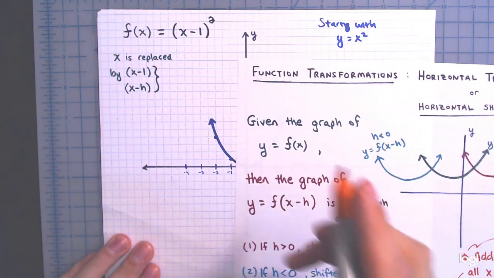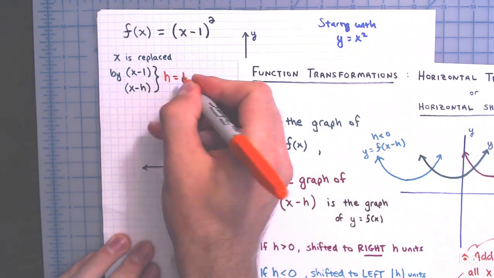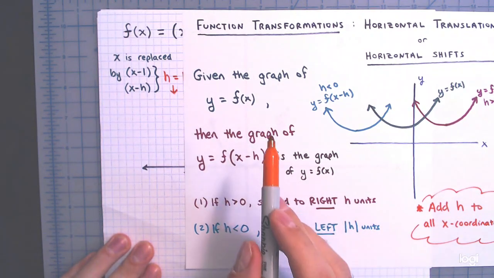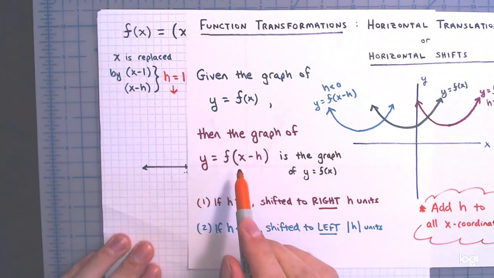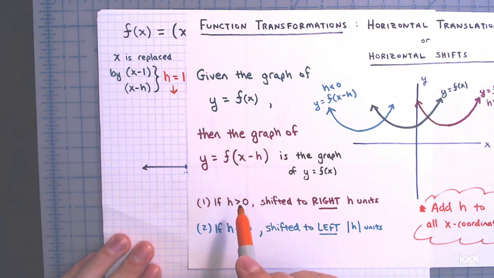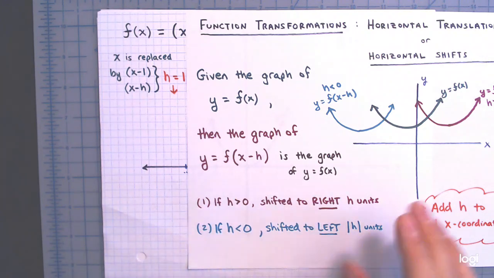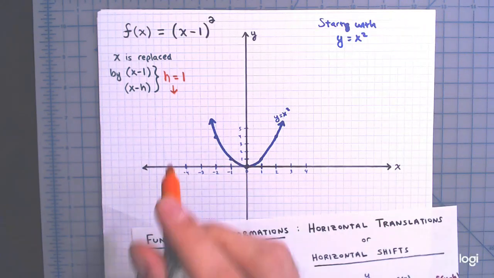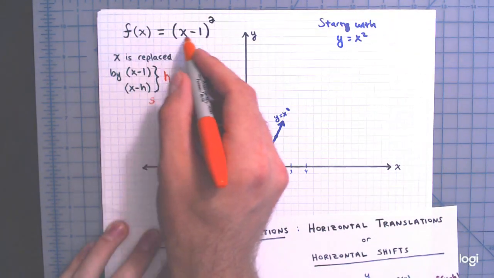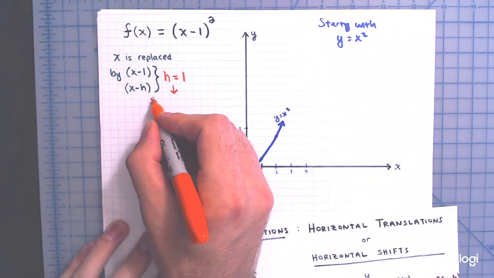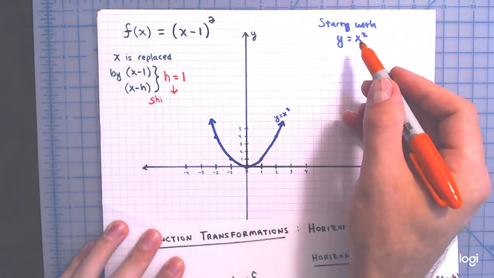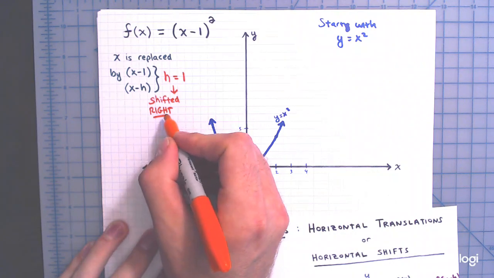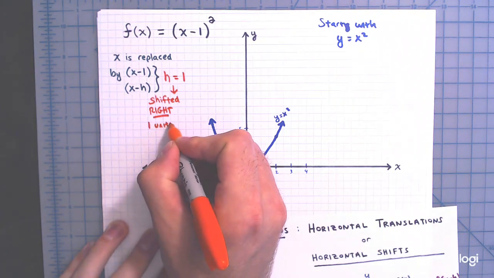So the value of h is positive 1 here, meaning, look at my first page, if all the x's get replaced by x minus h and h is positive, then the graph of the expression I started with is just going to be shifted to the right that many units, h units. So the graph of y equals x minus 1 squared is going to be the blue graph, the graph of y equals x squared, shifted to the right 1 unit. H is 1.